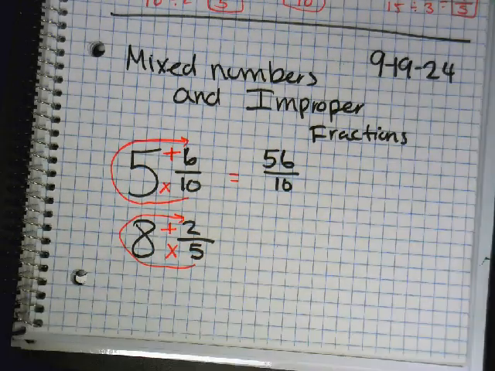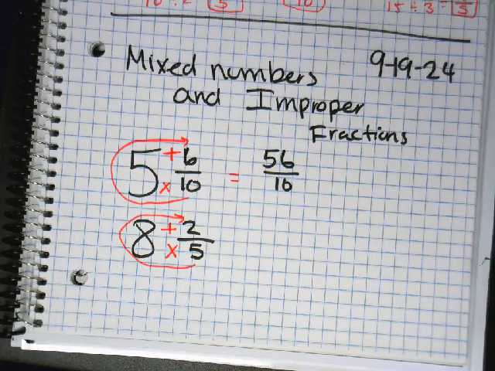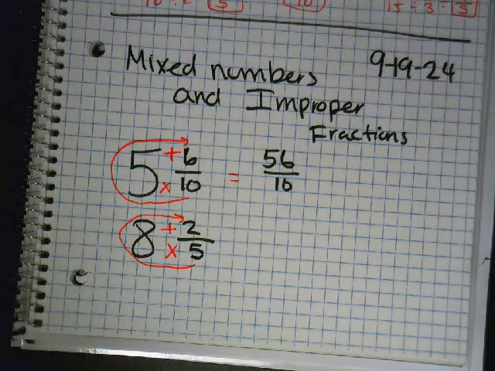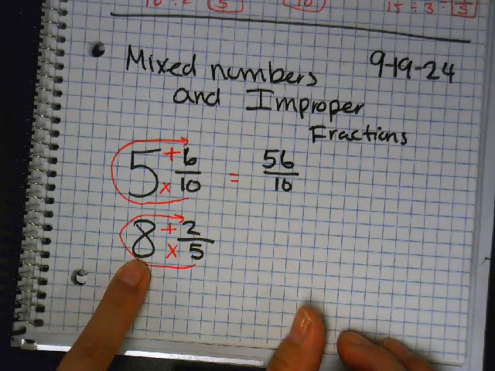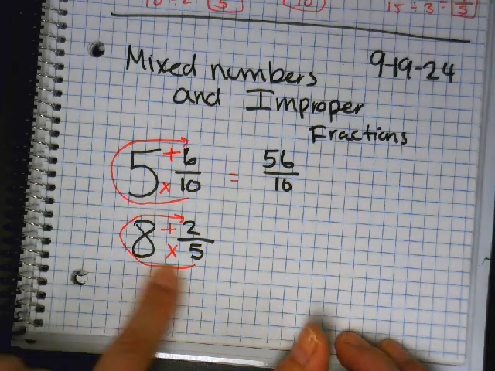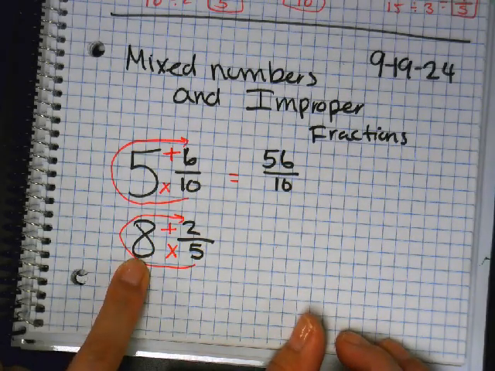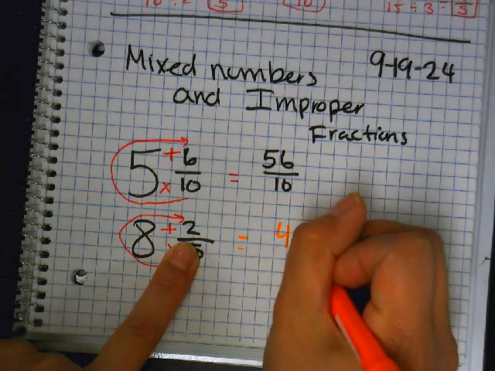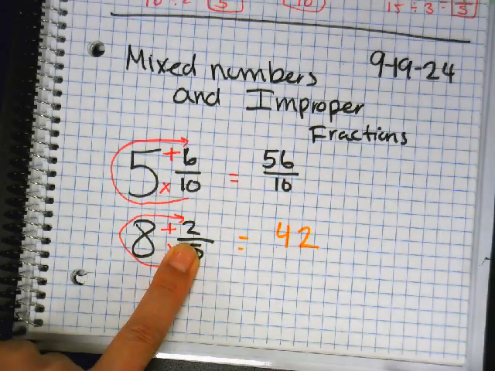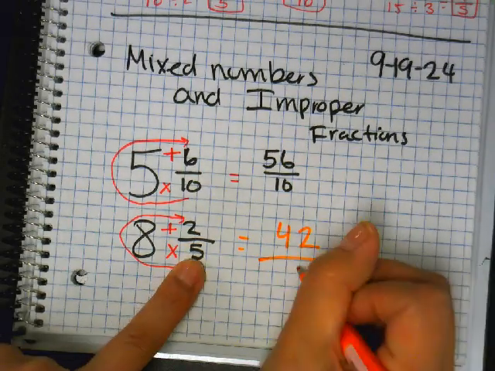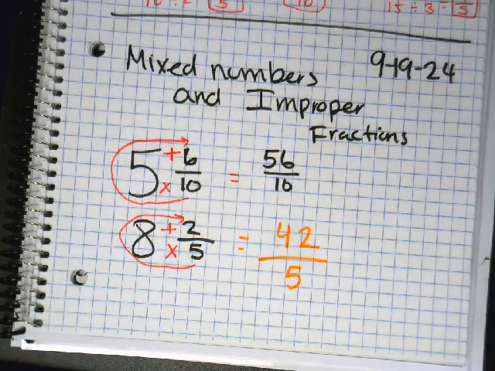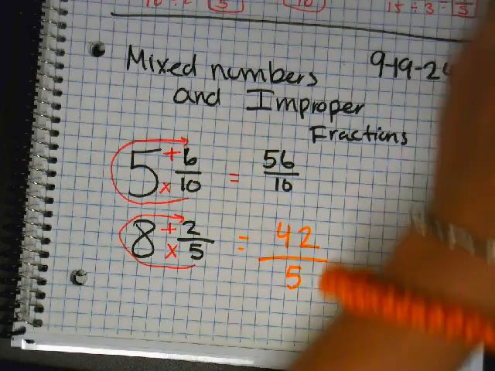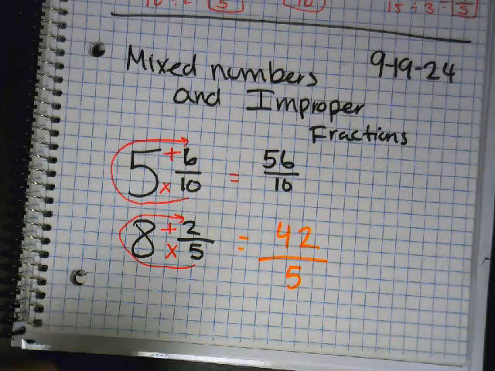So, what's 5 times 8? 40. Plus 2? So we have 42 over 5. And that's it. You're going to multiply and add.